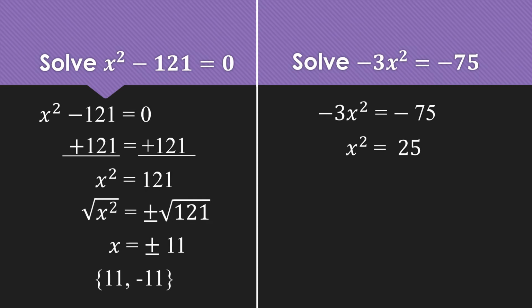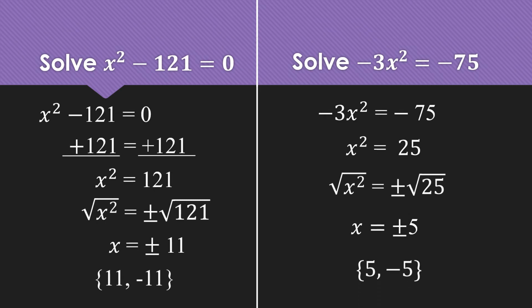We're looking for two numbers that when multiplied together give us 25, and those two numbers are exactly the same. So we're going to take the square root of x squared on both sides, and our solutions end up being x is equal to plus or negative 5, and we can rewrite it as 5 comma negative 5 in set notation.